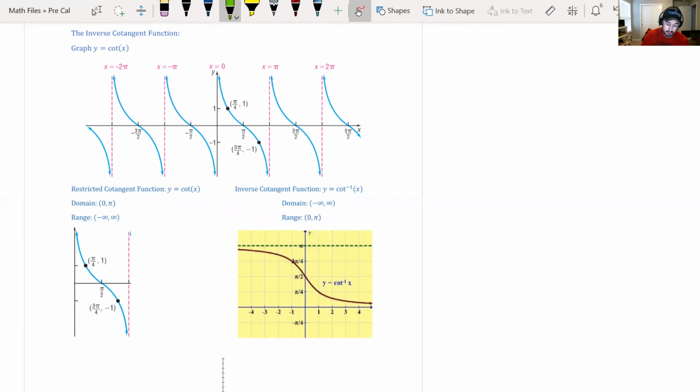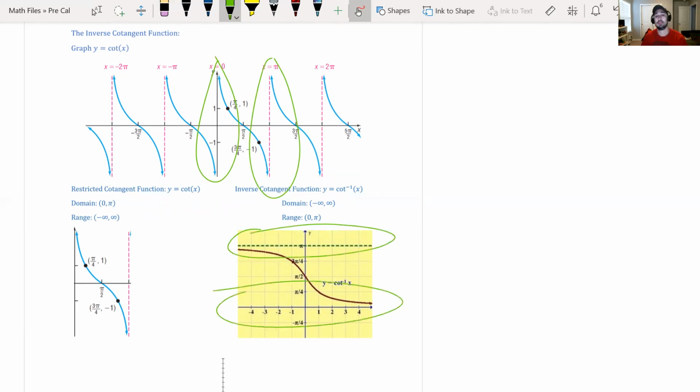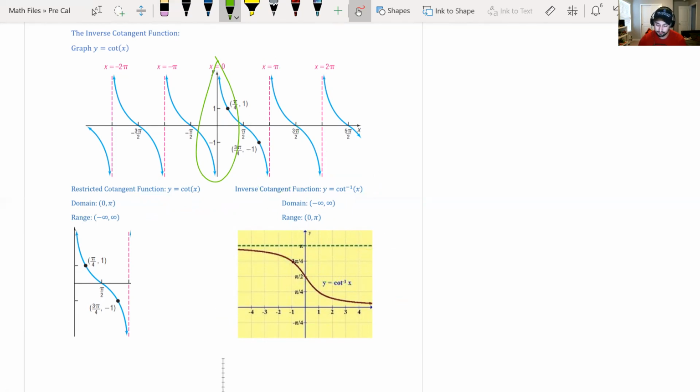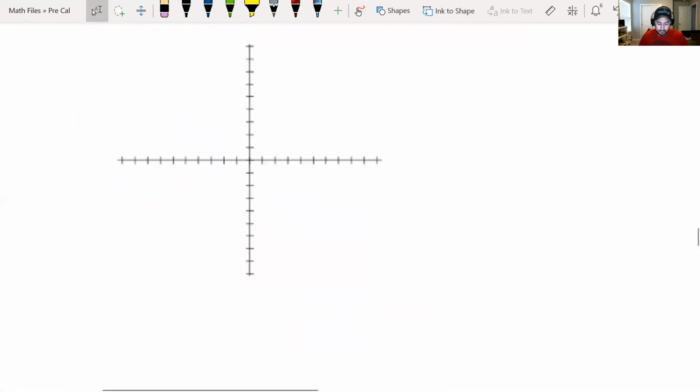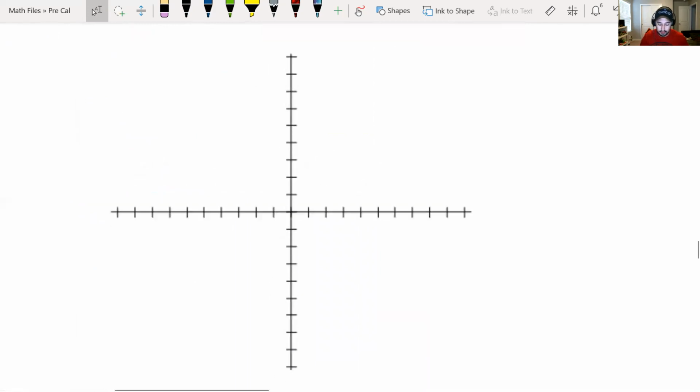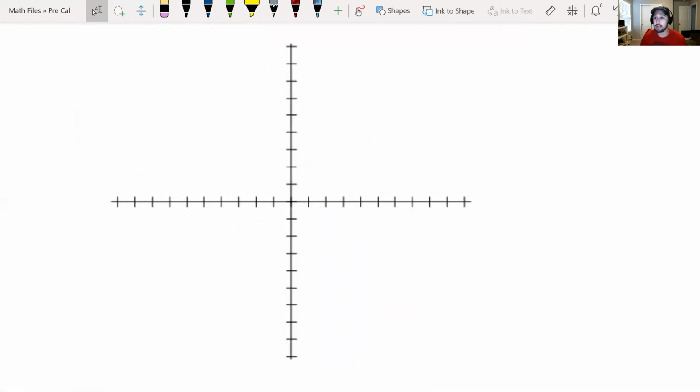And you see that these vertical asymptotes now become horizontal asymptotes on the inverse. You're so lucky we don't have to graph these. If we did, this lesson would probably be a lot longer. So just be glad.